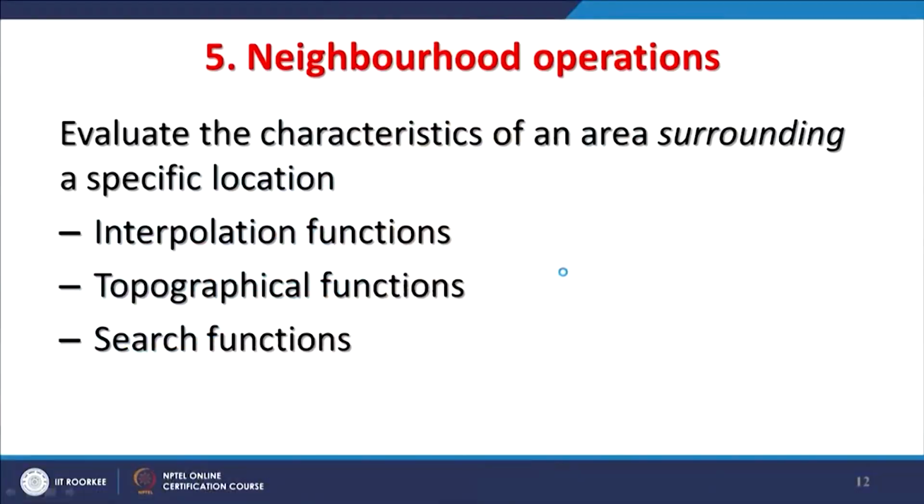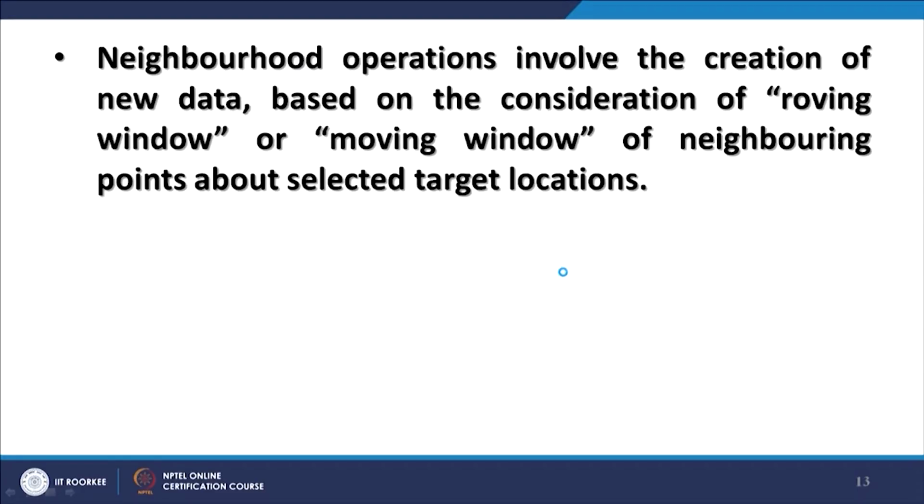Then search functions, that we will also be discussing, how as per user defined specifications, different layers can be searched within a GIS database to find out suitable areas for certain purposes.